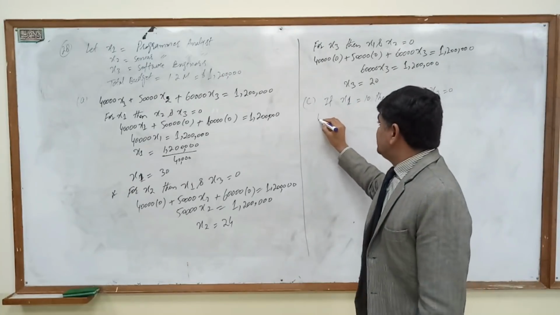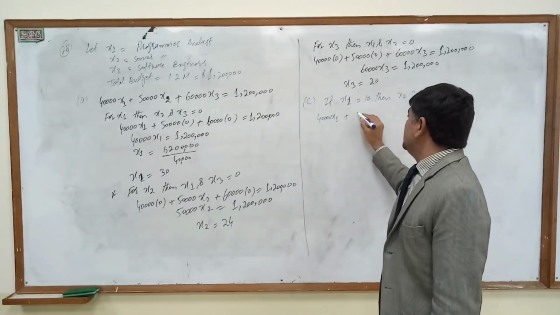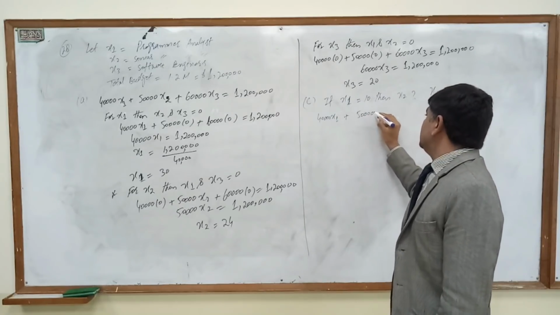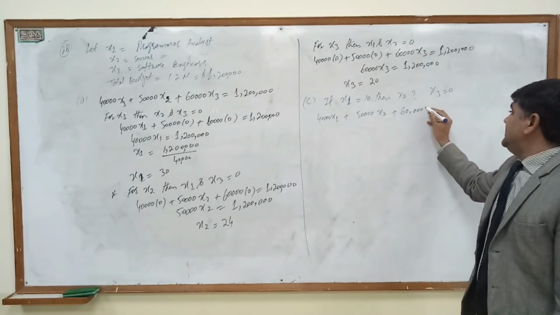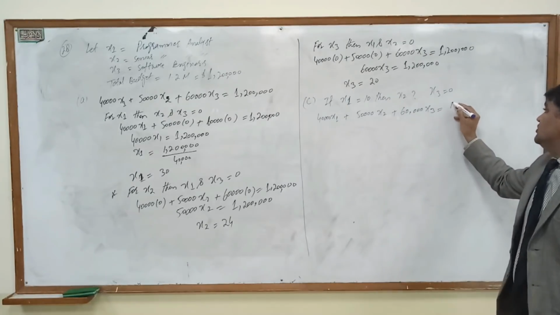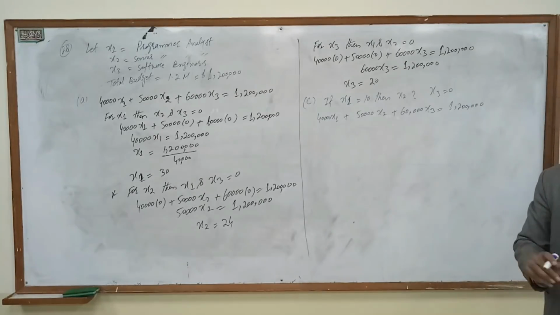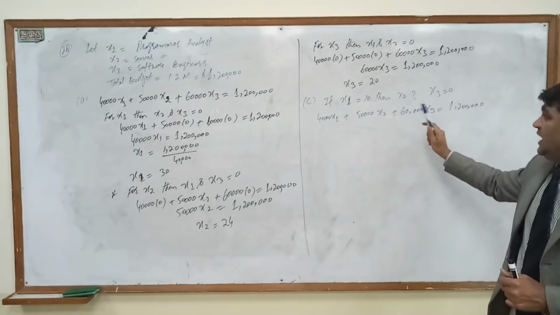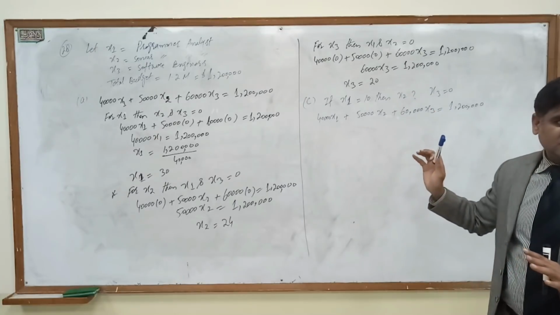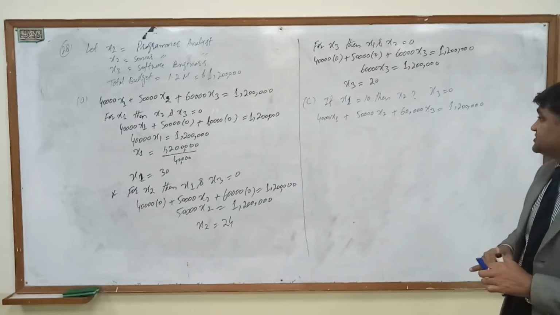So what is the equation? 40,000 x1 plus 50,000 x2 plus 60,000 x3 is equal to 1.2 million. Clear, students? Yes. The value of x1 is fixed, but in this case we have to determine the value of x2, which is senior programmer analysts.